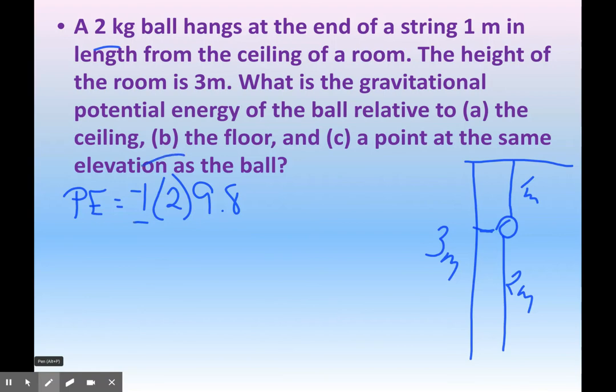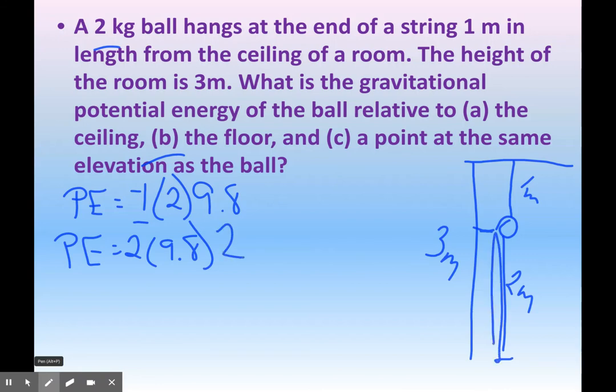Then for part B, if we're doing potential energy compared to the floor, mass of 2, g, and then our height between the ball and the floor was 2. A point at the same elevation as the ball, and again, the ball is at an elevation of 2, so it would be the same as we just found relative to the floor.